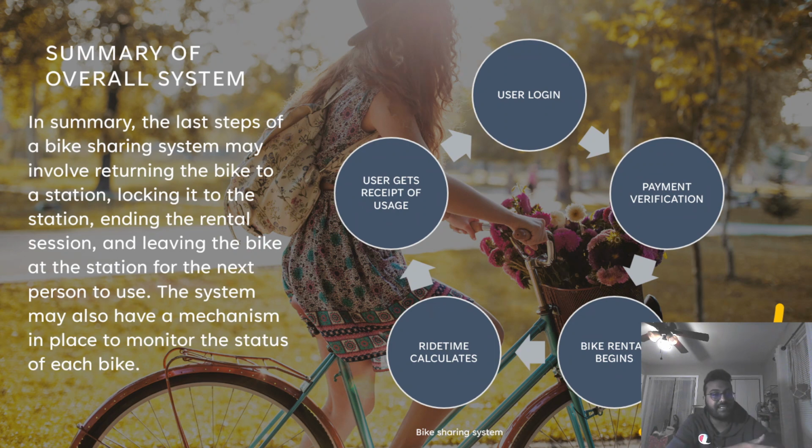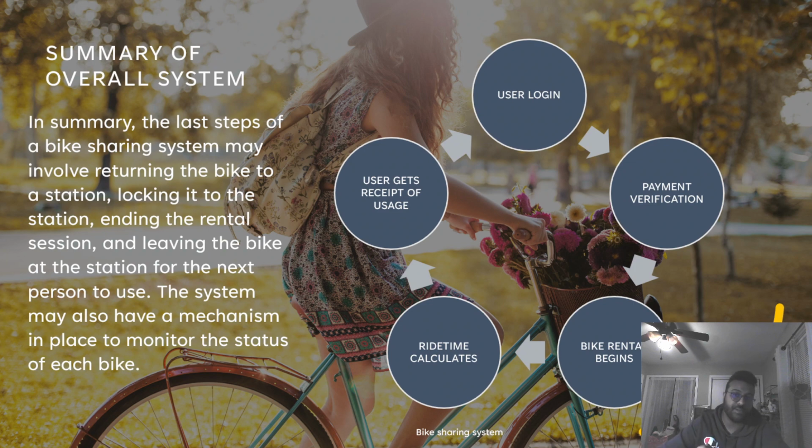If you again look at the summary of the overall bike system, the user logs in, there's a payment verification that's done through his card details. The bike rental begins, and the bike is rented out. The ride time is calculated based on the Python code, and then the ride is calculated and sent out. The last step is that the user gets the receipt of the usage.